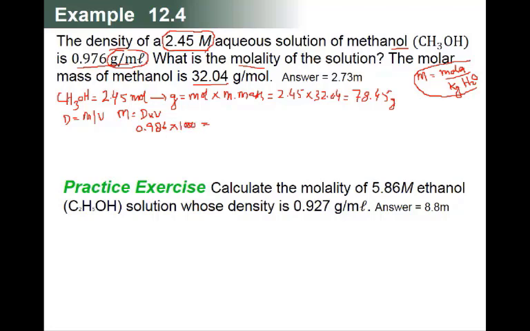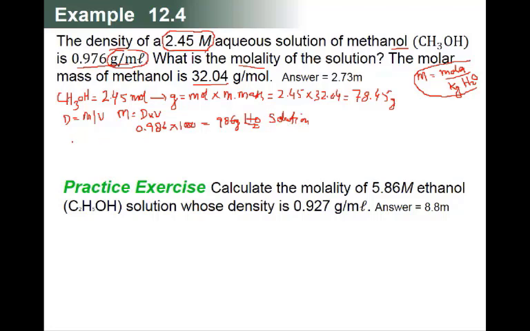So your mass of water will be 986 gram. Okay, this 986 gram, this is the total gram of solution. Now we have to calculate the gram of water.